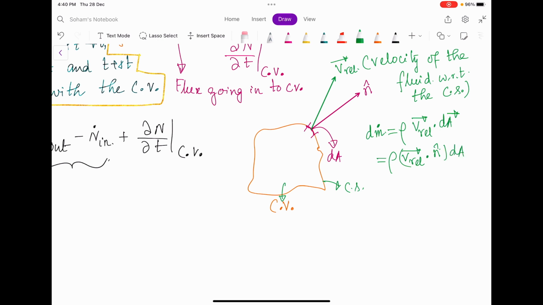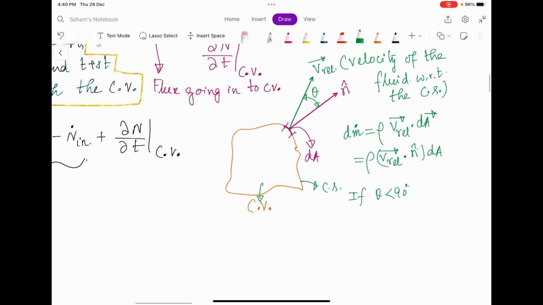Now you don't have to worry about whether the flux is going in or out, and whether to put a minus or plus sign. If v and n are in the same direction, that is, if the angle theta between them is less than 90 degrees, then dm dot will be positive.